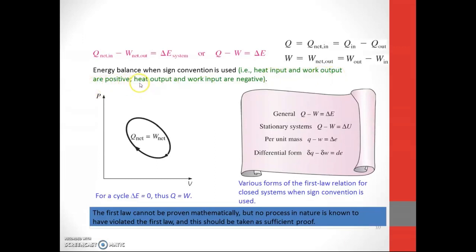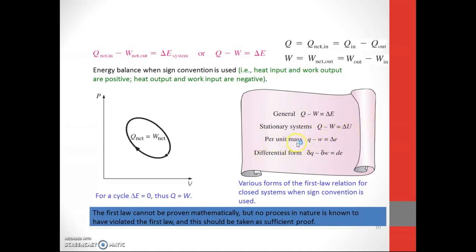But Q out and work in are negative. This is important to be considered. So generally, Q minus work is equal to delta E. But for a stationary system, Q minus work equals delta U, because delta KE and delta potential energy are equal to 0. Therefore, we only have this.